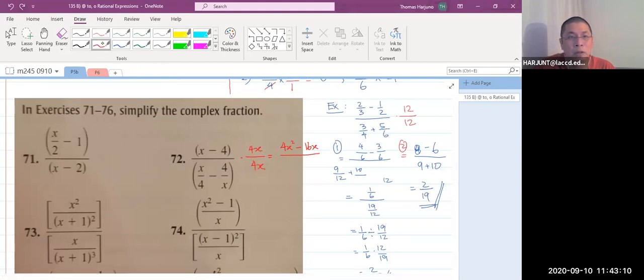That's x squared minus 4 over x times 4x is 16. Now then we factor the top, I factor 4x, and the denominator is difference of squares. So then I get 4x over x plus 4.